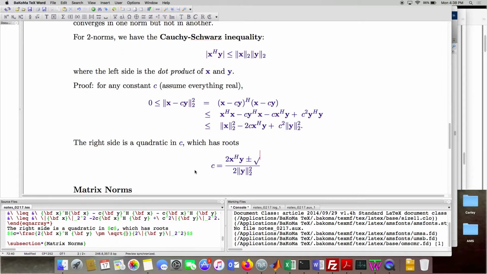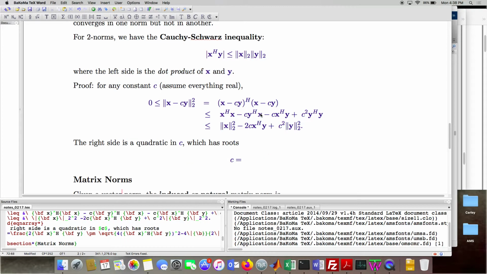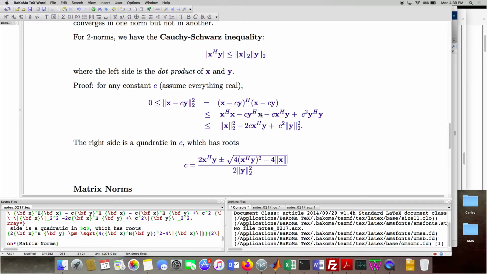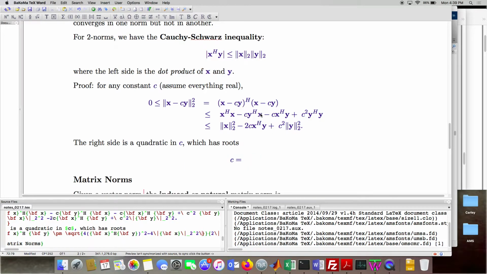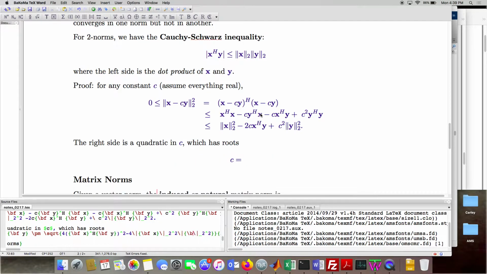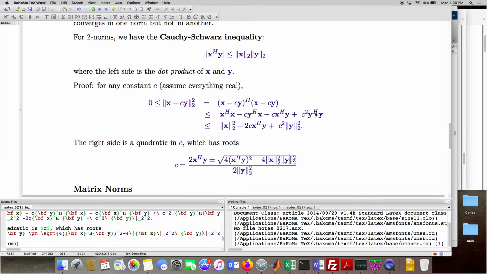So that's going to be b squared, so 4 times x dot product y squared, minus 4ac, first for x and then for y.